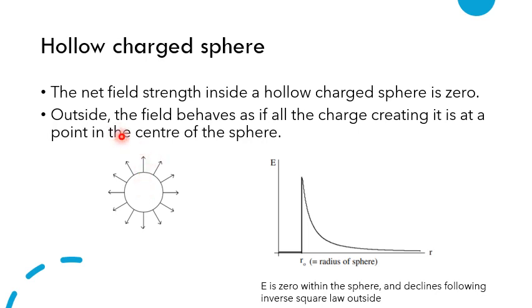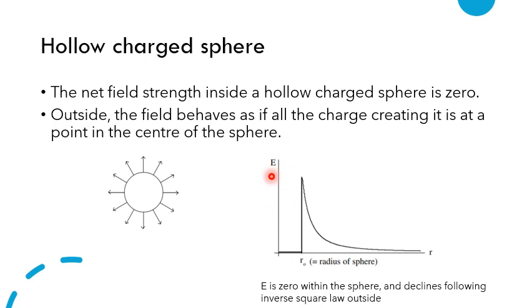At the same time, outside this sphere, the field behaves as if all the charge creating it is at a point in the center of the sphere, which means you can assume that the entire charge on this sphere is located at a single point at the center. So the electric field pattern would be exactly similar to the radial electric field produced by a point charge.